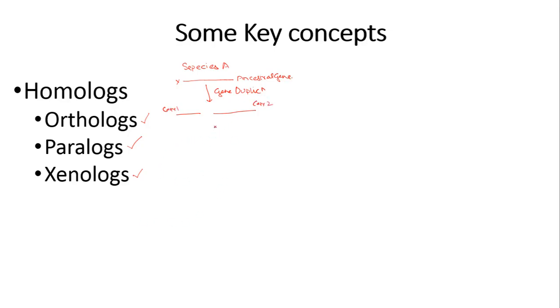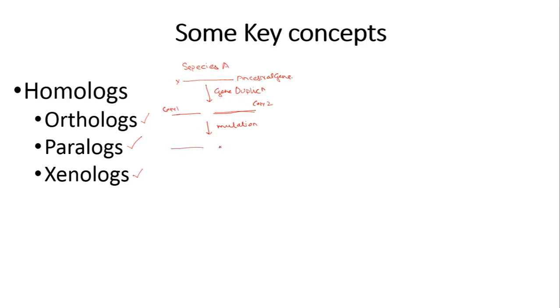Now in subsequent stages of mutation, copy 1 can acquire mutations, and copy 2 can independently acquire different mutations. These two genes can evolve separately by acquiring different mutations.